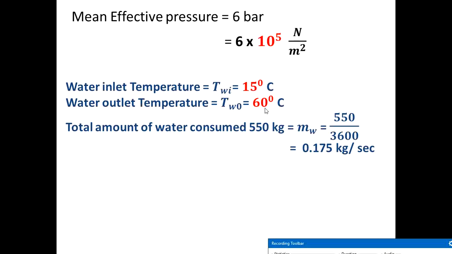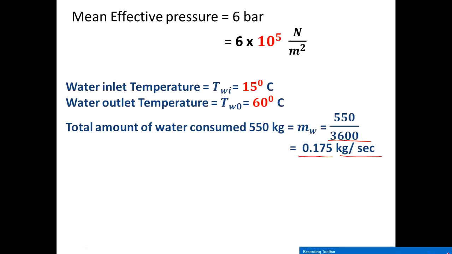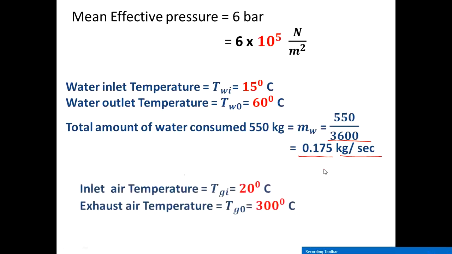Amount of water consumed is 550 kg per hour, that is 550 divided by 3600. When you calculate this, it turns into kg per second, that is 0.175. Air inlet temperature is 20 degrees Celsius and air exit temperature is 300 degrees Celsius.